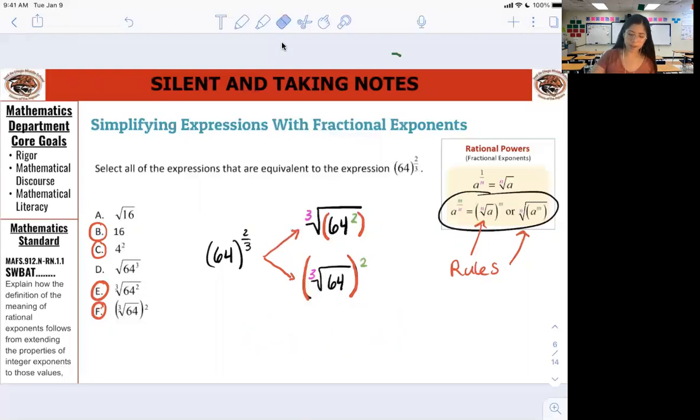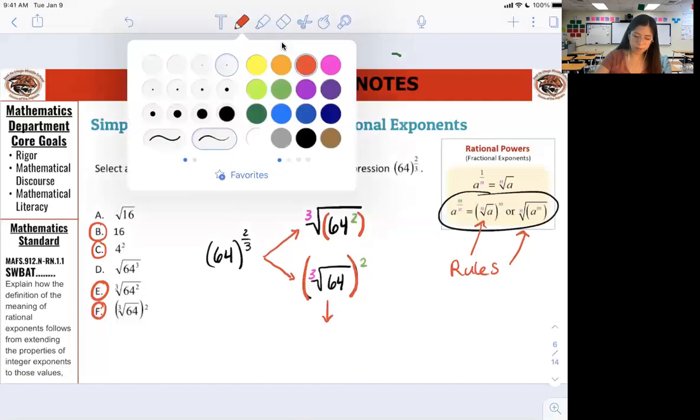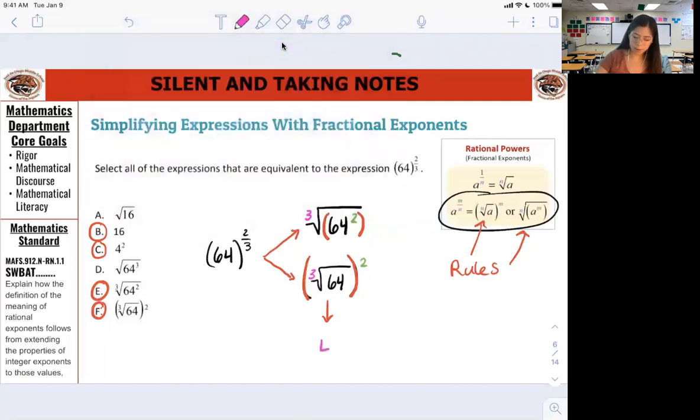So when I go to the next step, I'm going to go with this option because it's grouping together the cube root. I know that the cube root of 64 equals 4. So I have my 4. But I still have this exponent right here that's not going away, so I've got to bring it down.